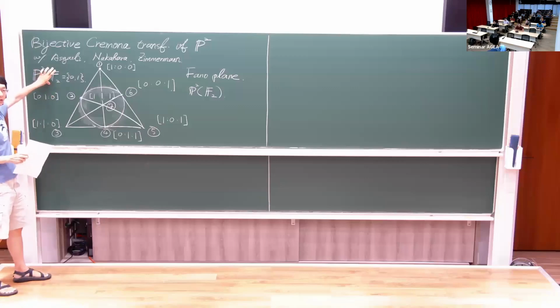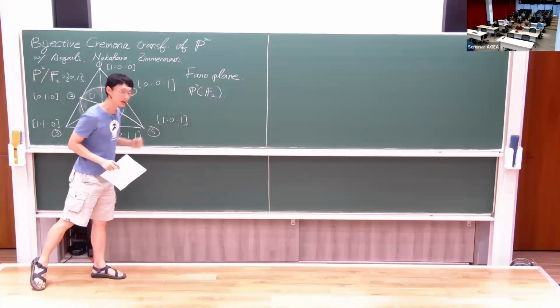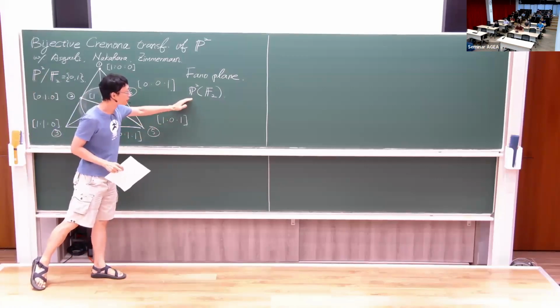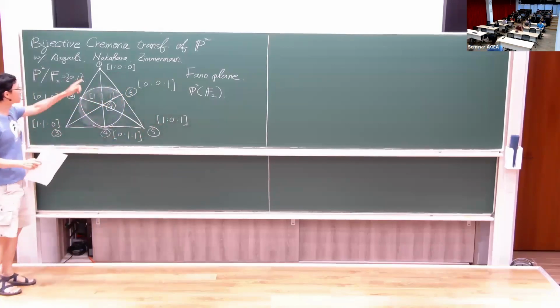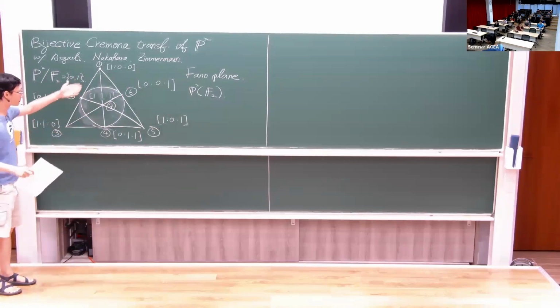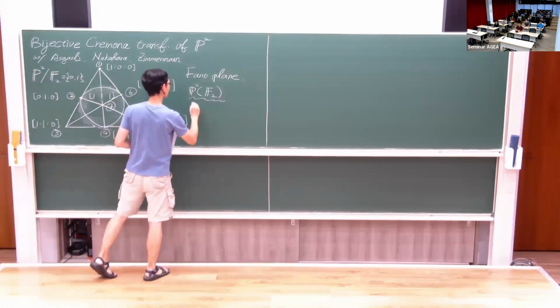You can also think about points defined over some field extension. But here, let's focus only on the rational points defined over our ground field, F2. These are the points whose coordinates are defined over F2. There are 7 of them. So in this case, this set is a finite set.